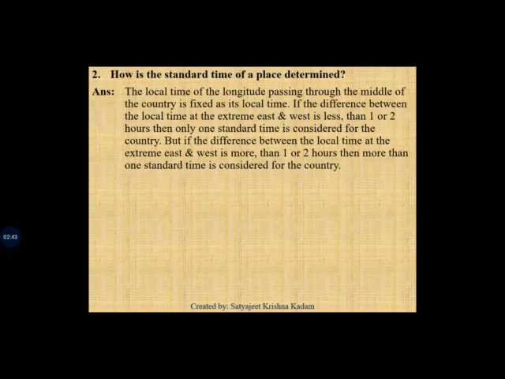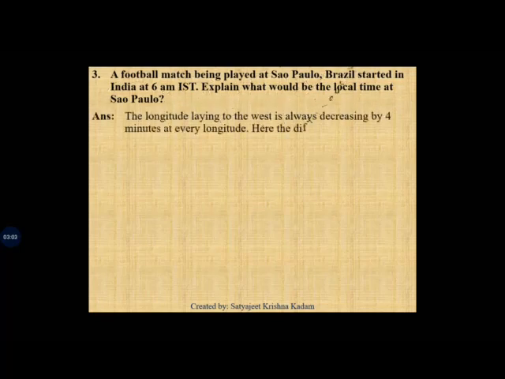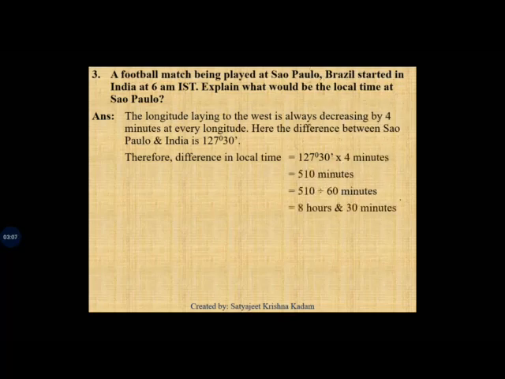Next, a football match is being played at Sao Paulo, Brazil, started in India at 6 a.m. IST. Explain what will be the local time at Sao Paulo. Answer. The longitude lying to the west is always decreasing by 4 minutes at every longitude.